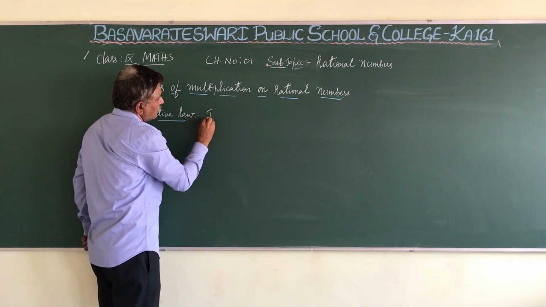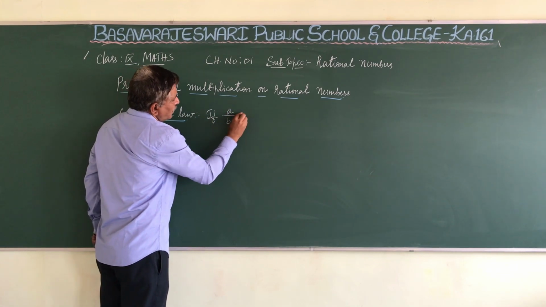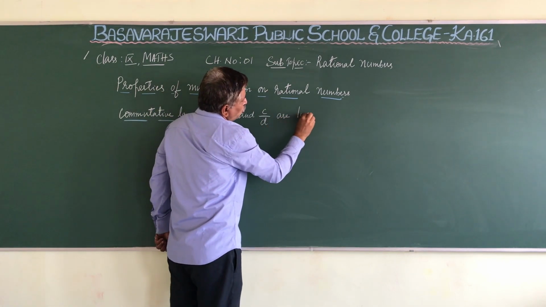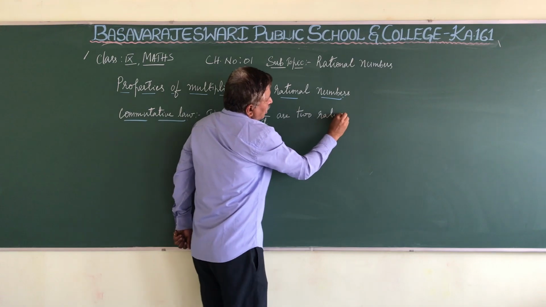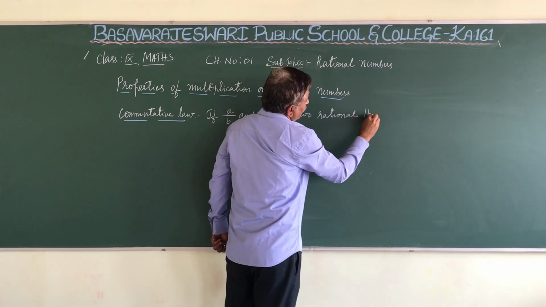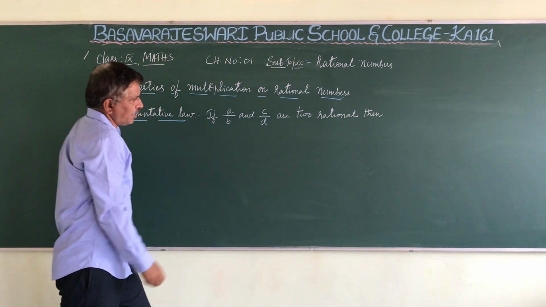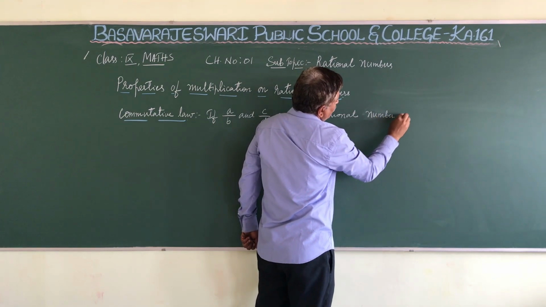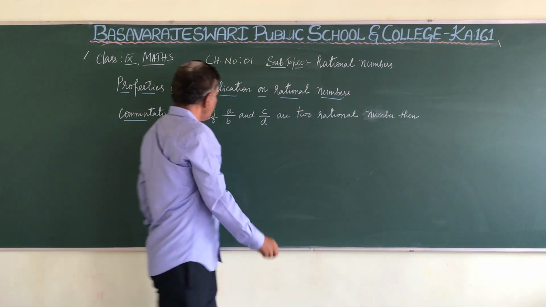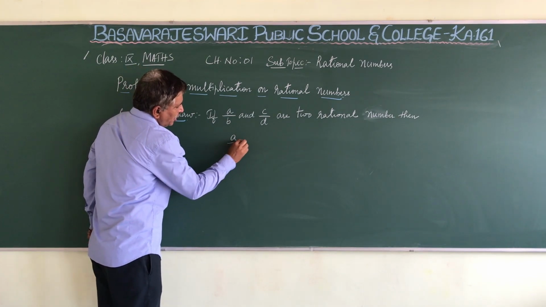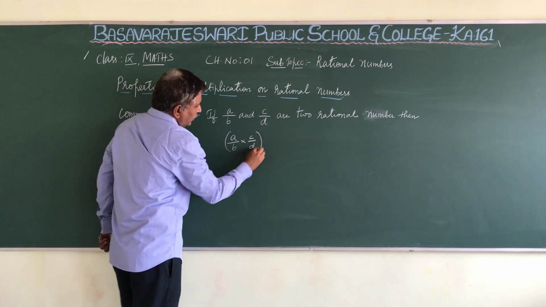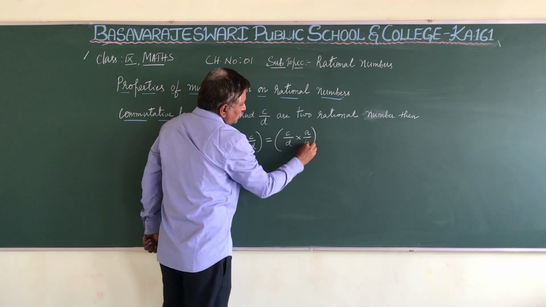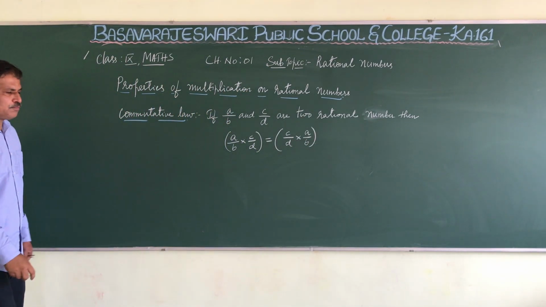If A by B and C by D are two rational numbers, then A by B into C by D is equal to C by D into A by B. So this is the commutative law of multiplication.